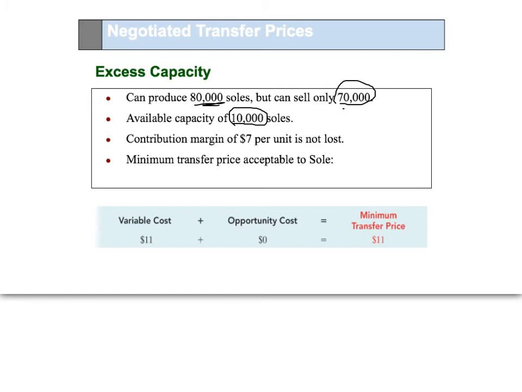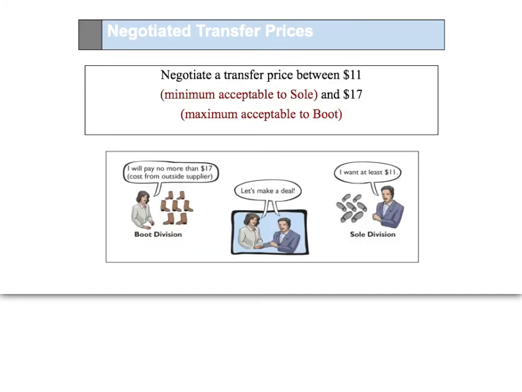They can only sell them to the boot division. Therefore, no contribution margin is lost, and the minimum price would be the variable cost. So the situation is now that I will pay no more than $17, says the boot division. And the sole division says, I want at least $11, so somewhere between $11 and $17 would be the transfer price if they both can agree on it.